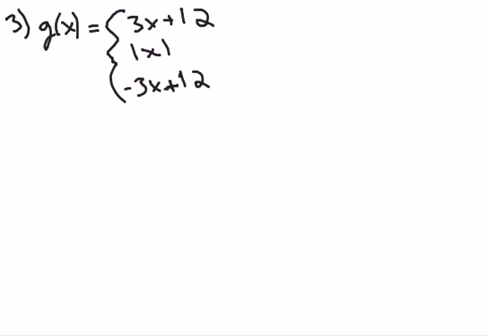We're going to define this first linear function for values left of, including -3. The second one between -3 and 3, not including them. And the last one, you can kind of guess, x greater than or equal to 3.